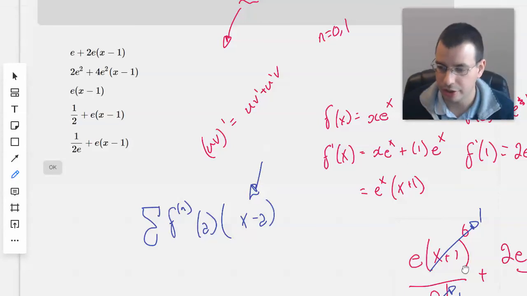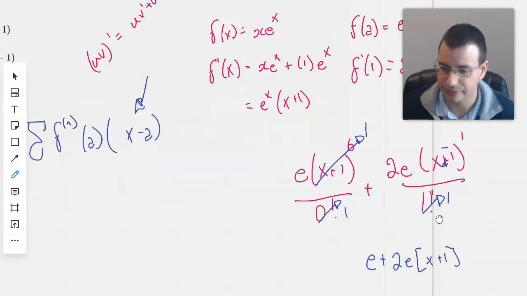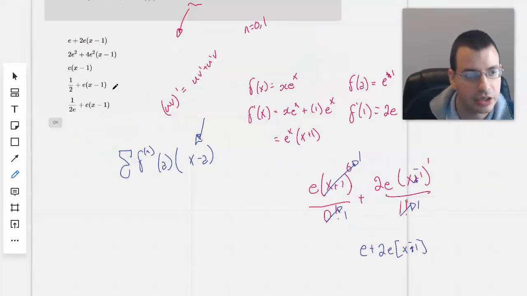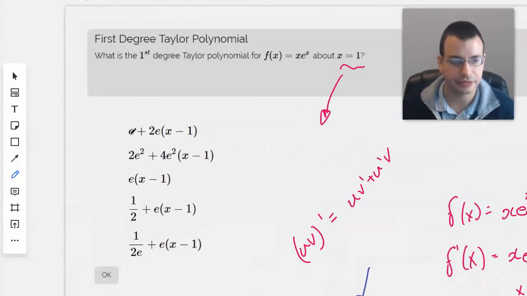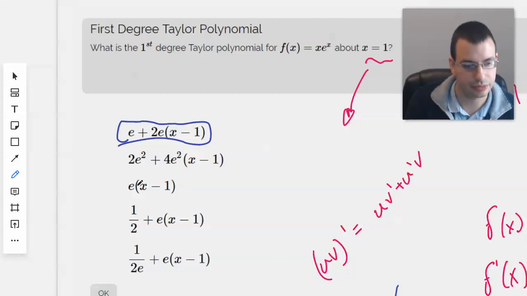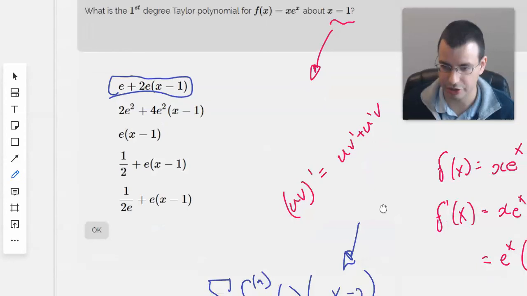So I was backwards on that. Minus. All right, so e plus 2e times x minus 1. Yep, and so this would be the answer. And that's how you do a Taylor series.